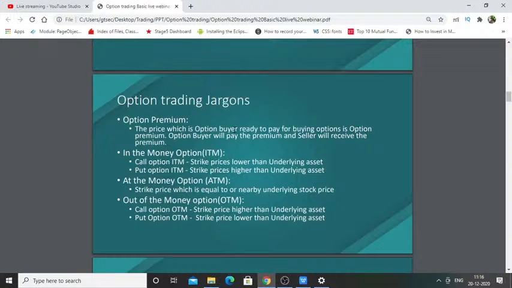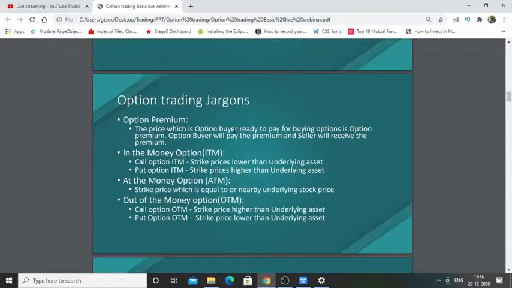Whatever strike prices are available below 13,500, let's say 13,400, 13,300, 13,200, all the strike prices below 13,500 on the call side belong to in the money call options. And all the strike prices trading higher than the underlying price, for example 13,600, 700, 800, or 14,000, 15,000, will be in the money put options. So this is about in the money.